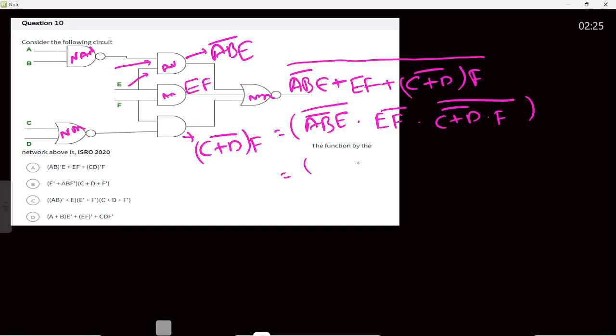This we will be getting. Now this will become AB plus E bar. Okay, this will become E bar plus F bar. These are the rules in logic gates which you need to know. Okay, this becomes C plus D plus F.